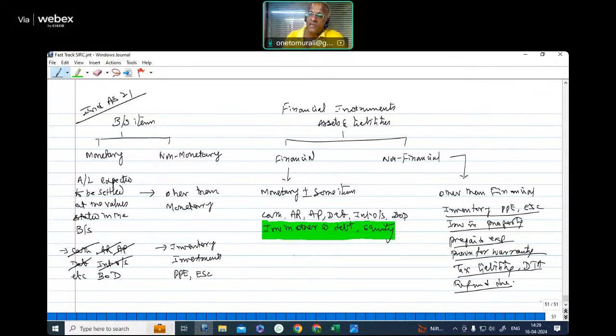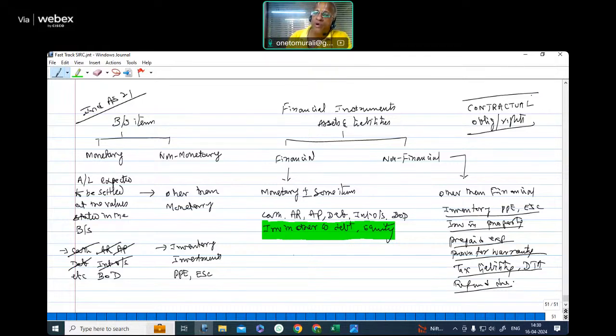One important thing that you should remember is that only those items which are coming out of contractual obligations and rights will be forming part of financial instruments. Tax liability is not a contractual item.